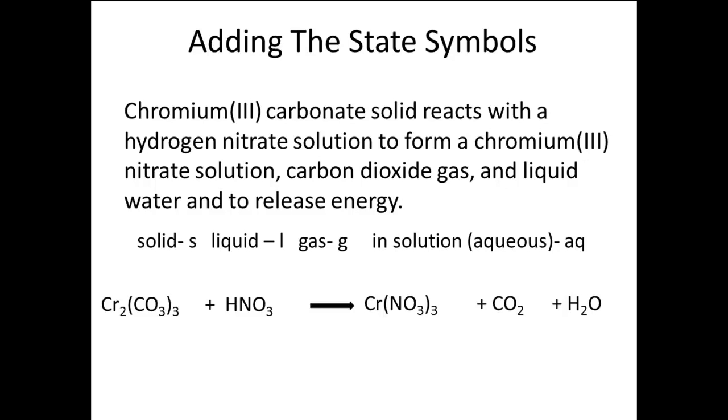The symbol is added in parentheses after the formula of the substance. So, the state symbol for the chromium-3 carbonate is S. For the hydrogen nitrate, it is AQ. For the chromium-3 nitrate, it is also AQ. For the CO2, it is G. And for the water, it is L.